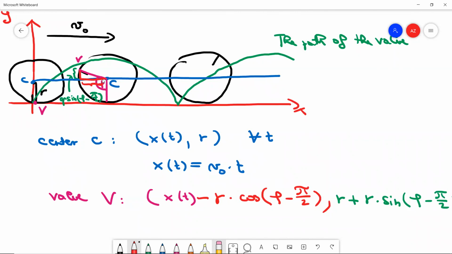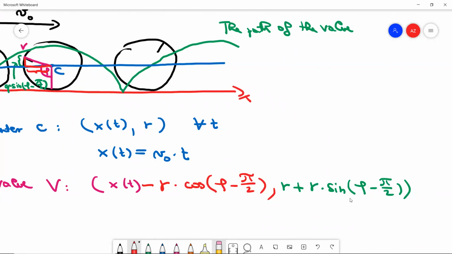So the position of the valve is the position of the center, which is x of t, and then we have to subtract this x. And the second component is the position of the center, which is r, and then we have to add this part, which is r times sine of phi minus pi over 2.